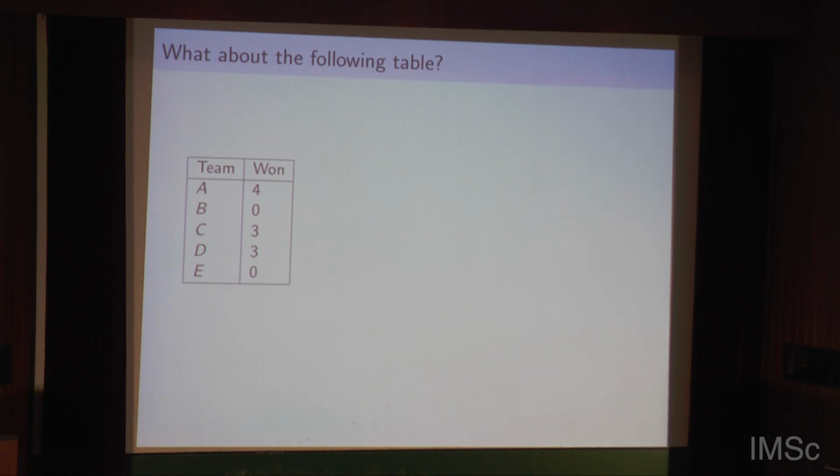Let's look at the match between B and E. Everybody played a match with everybody else. The match between B and E, and I said there are no ties, right? So at least one of them should be 1. So B and E both 0 is not possible.